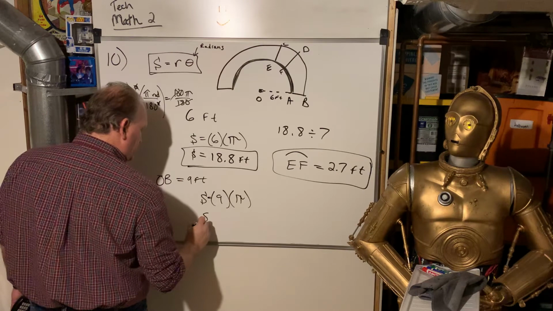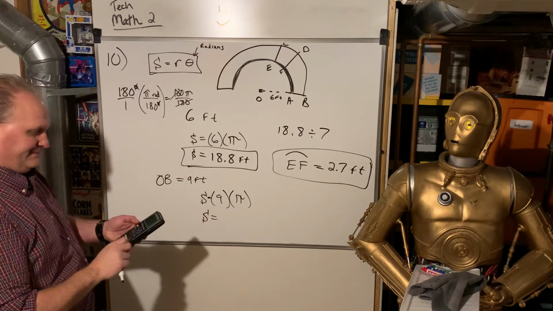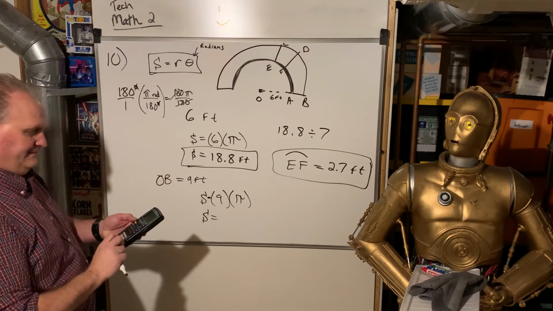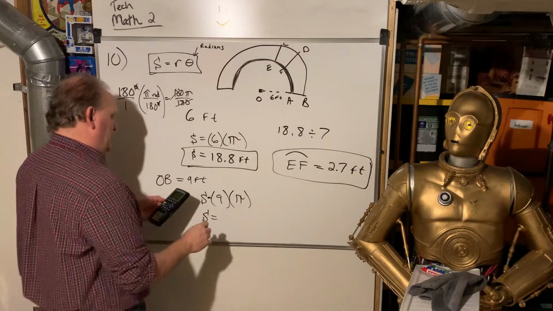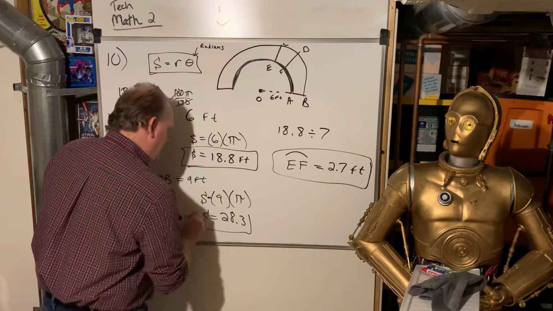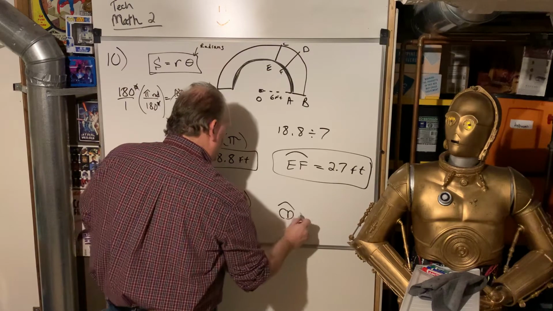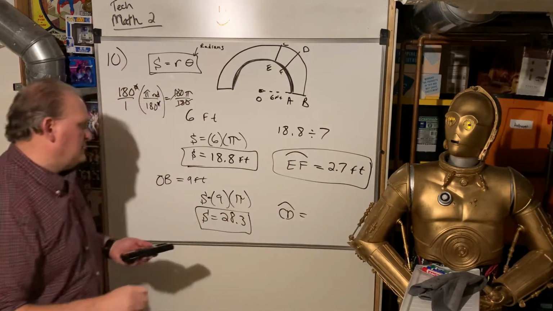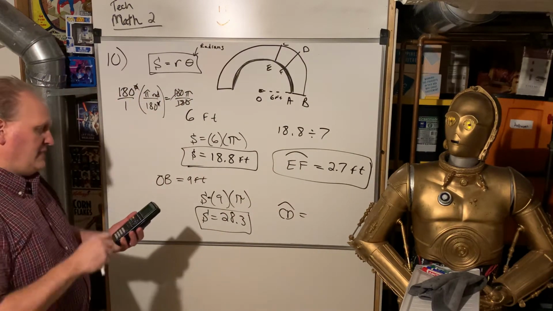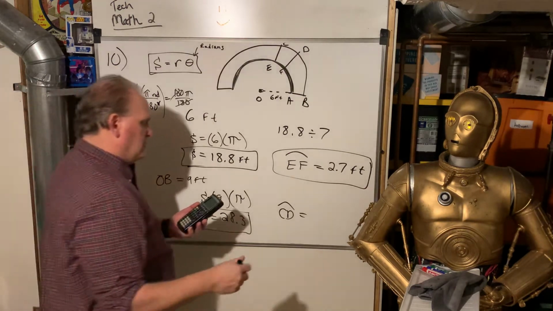So S is equal to 9 pi, which is 28.3. And then they want CD, but we know it's 7 equal parts, so just divide that by 7. And round, so 4.0 feet.